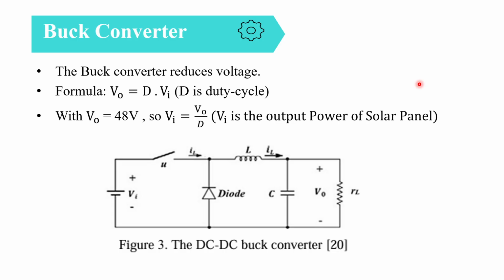We get to the buck converter. The buck converter reduces the voltage by the formula V output equals D times V input, where D is the duty cycle, from 0 to 1.